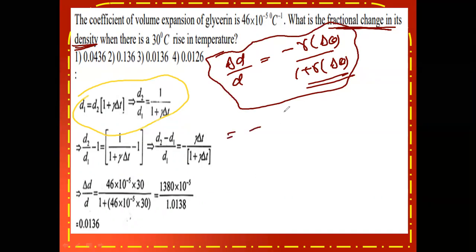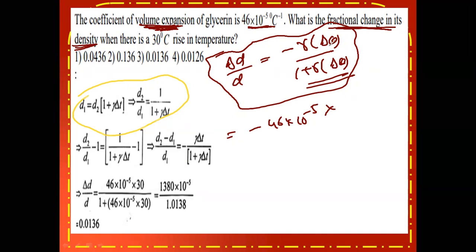Here we have to check whether gamma is given or alpha is given. Here the volume expansion is given, so gamma is 46 into 10 power minus 5. Don't write this value directly. Before writing it, check what type of expansion they give, whether linear expansion, area expansion, or volume expansion, and based on that proceed.